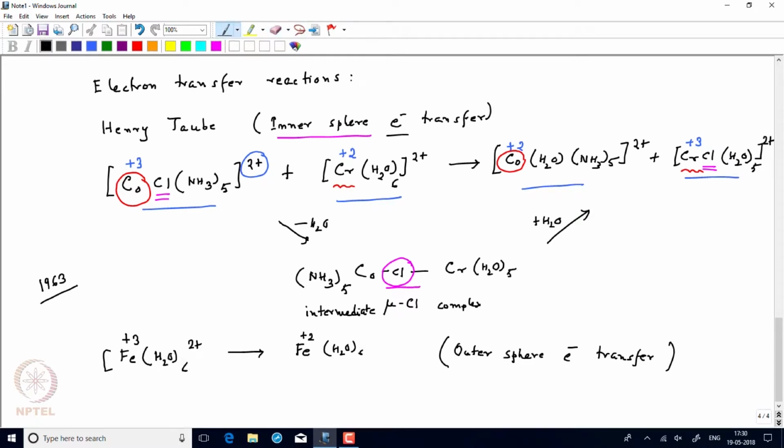In this case it's a 3+ complex. We just redraw it once again.